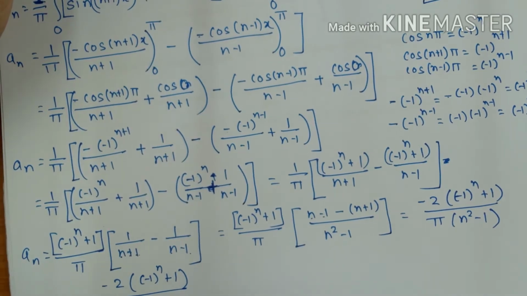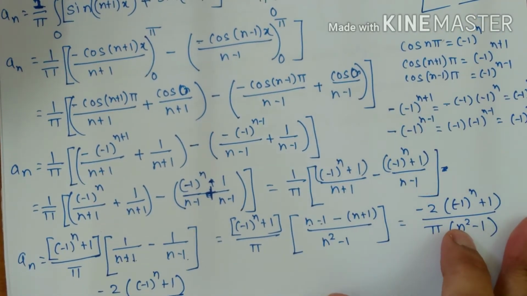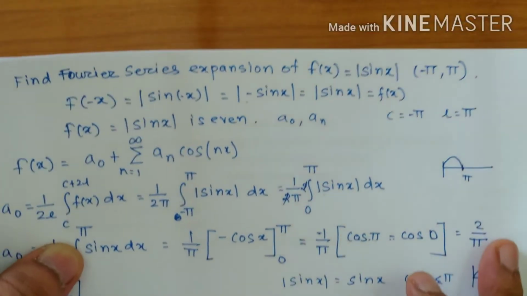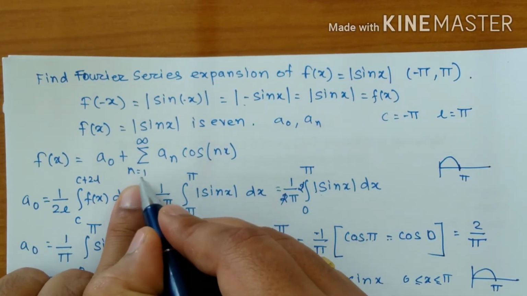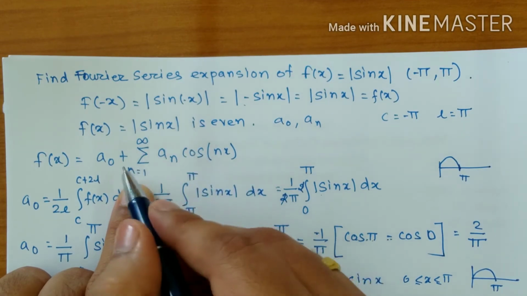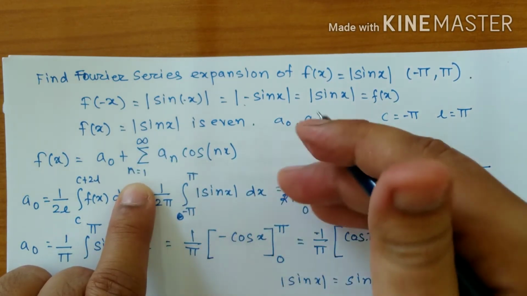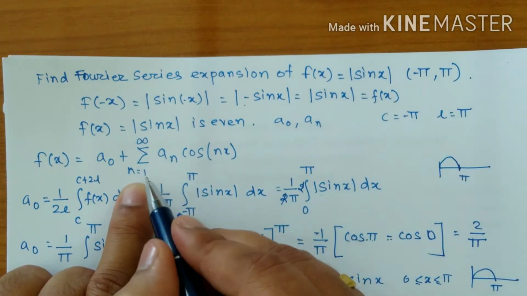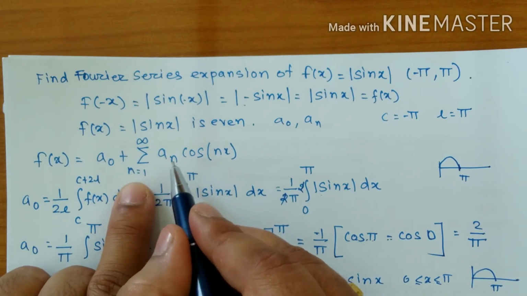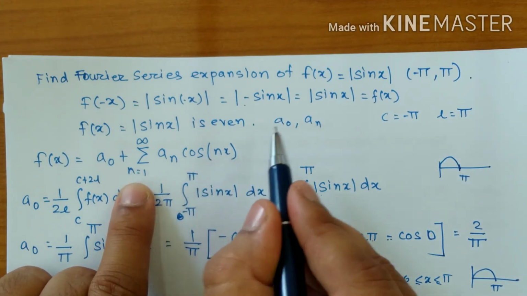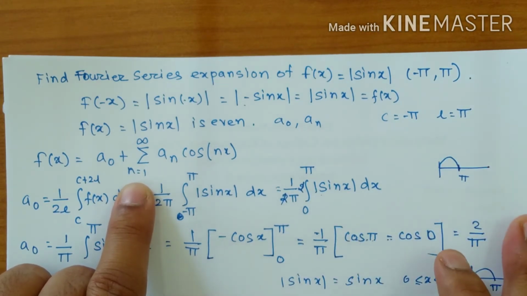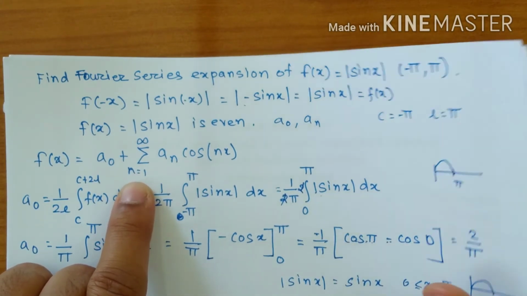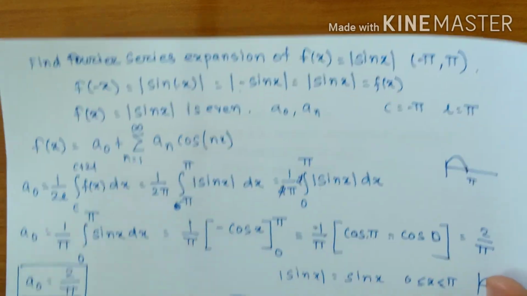But there is a small question mark. Where? See, in Fourier series expansion, in an, your n begins from 1 to infinity. That means n will take the value 1, 2, 3, 4, 5, 6, like that. So it means a1, a2, a3, a4, a5, a6, a7 can be derived from here, is it?